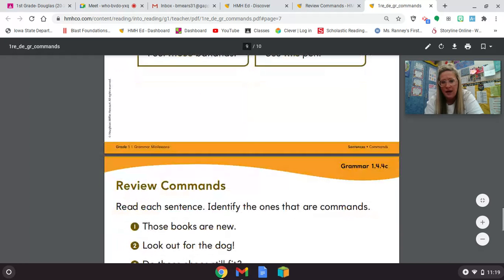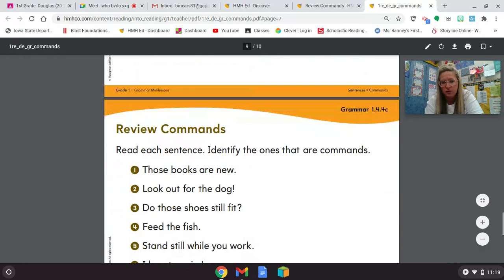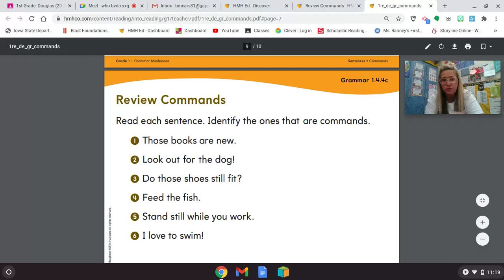And the last slide today for grammar is about commands again. It says read each sentence, and we're going to identify together. You and I are going to identify the ones that are commands, okay? So if you think it's a command, Cameron, I want you to give me a thumbs up. If you don't think it's a command, you can give me a thumbs down, okay? So the first one is, those books are new.